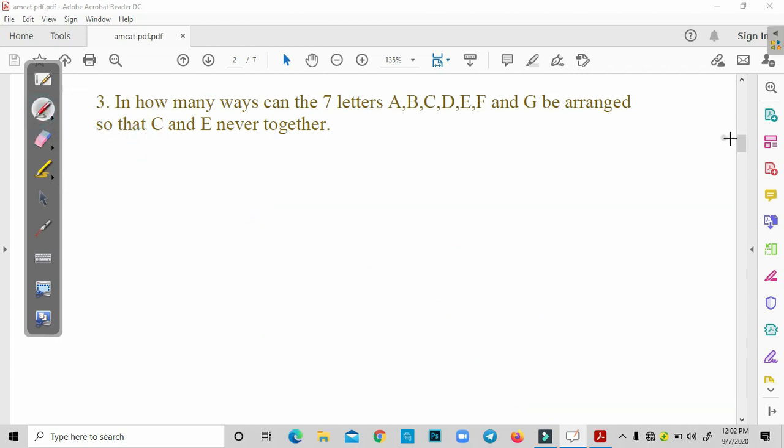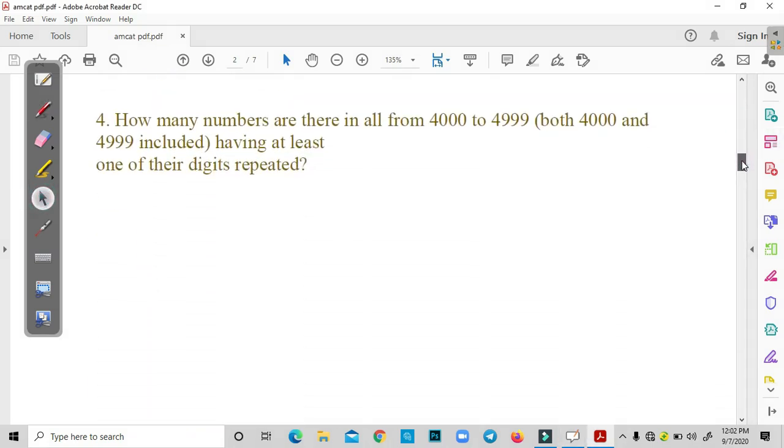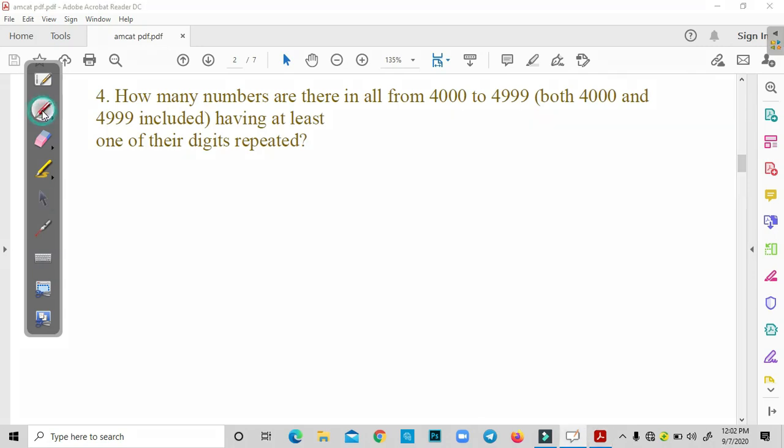Now let's move on to the next one. How many numbers are there in all from 4000 to 4999, both included, having at least one of their digits repeated? Guys, remember, one of the digits repeated means the number may be like this, or like this, or like 4550.